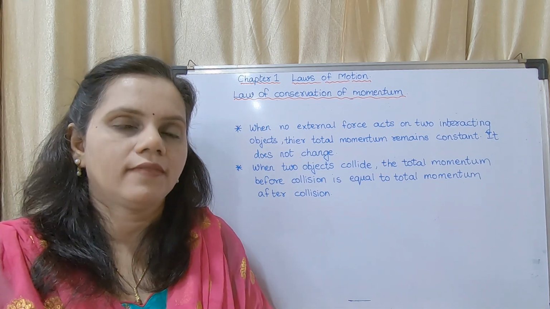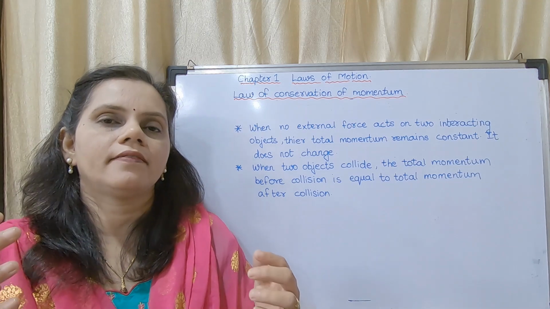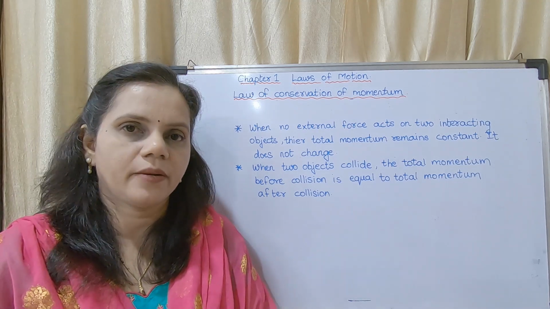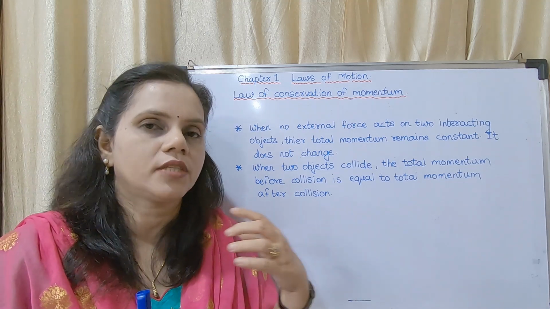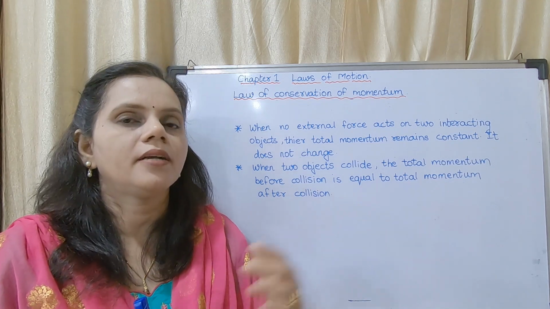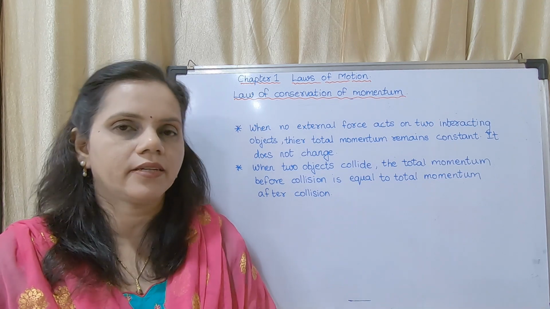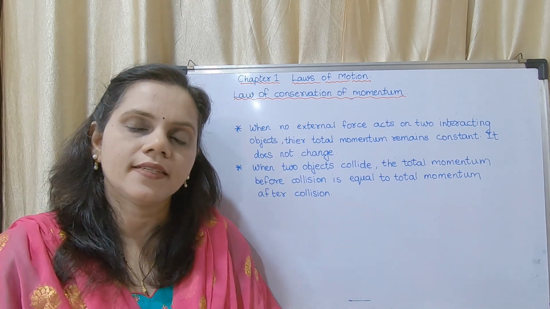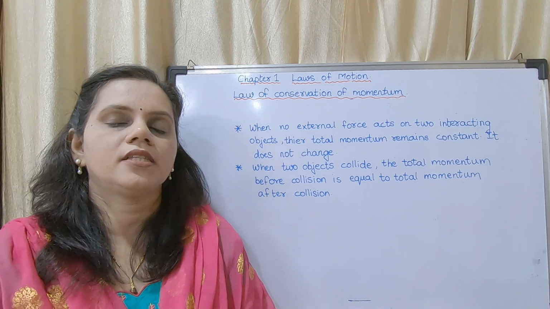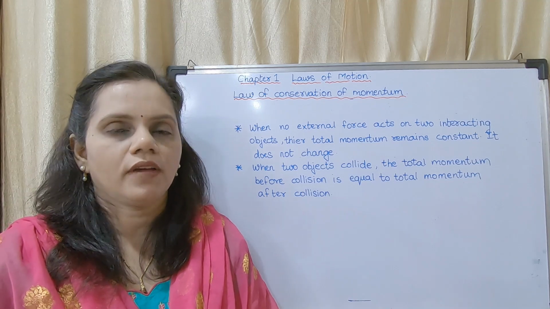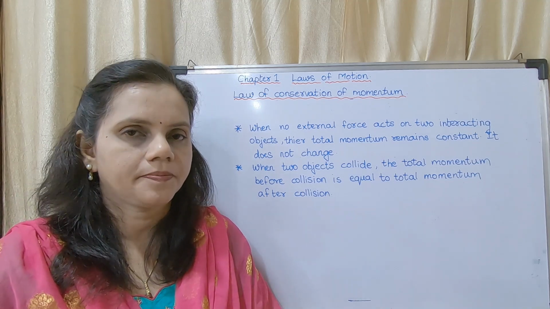What is recoil velocity? Whenever a bullet is fired from a gun, the bullet moves in the forward direction, but the bullet exerts a force on the gun and the gun moves in the backward direction. The velocity with which that gun moves is called recoil velocity. I repeat.